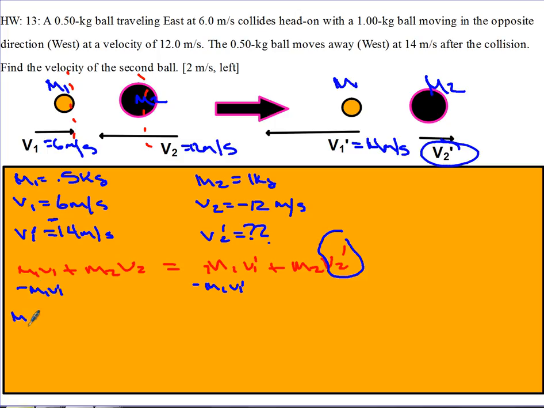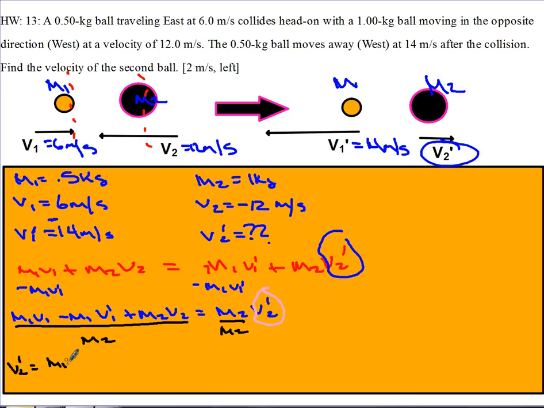So I have M1 V1 minus M1 V1 prime plus M2 V2 is equal to M2 V2 prime. Now I'm still looking for V2 prime, so I'm going to divide both sides through by M2. And I have to divide the entire side through by M2, not just the part I want. So I'm left with V2 prime is equal to M1 V1 minus M1 V1 prime plus M2 V2, divided by M2.